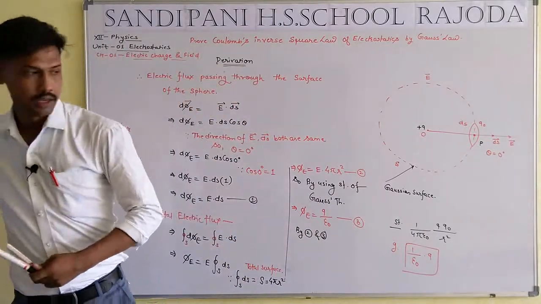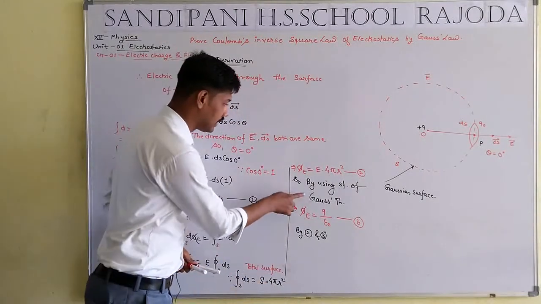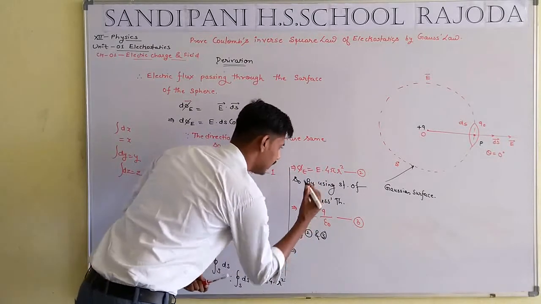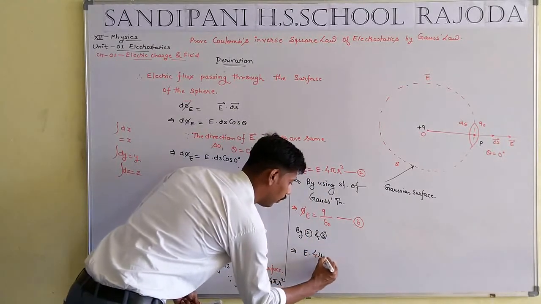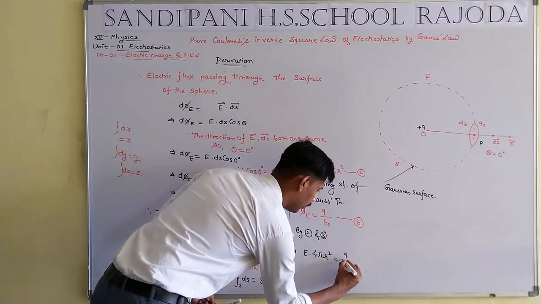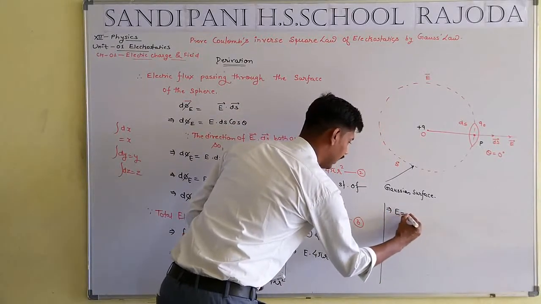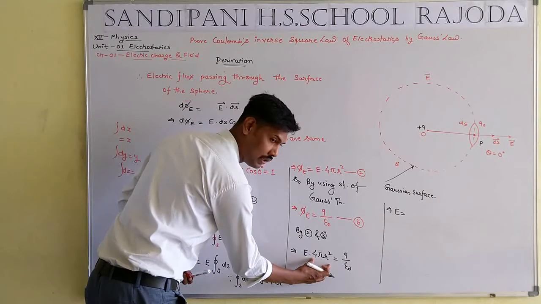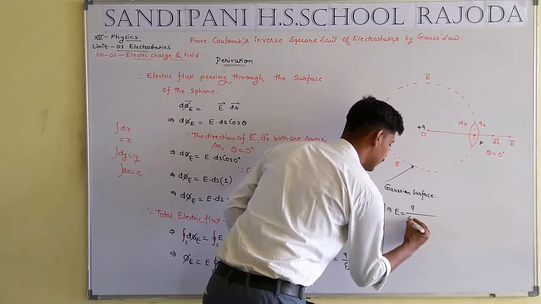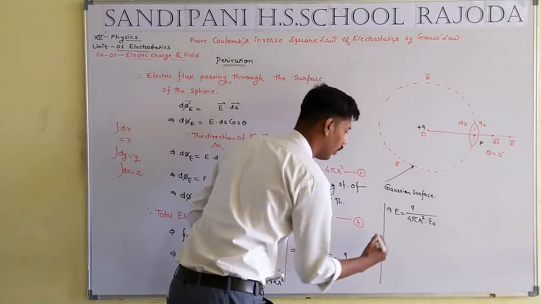Students, okay. Now according to equation number 2 and 3, the LHS are the same, so we take the RHS as the same. E into 4 pi r square equals q upon epsilon 0. E will be equal to q upon 4 pi r square epsilon naught, with 4 pi r square taken into the denominator.